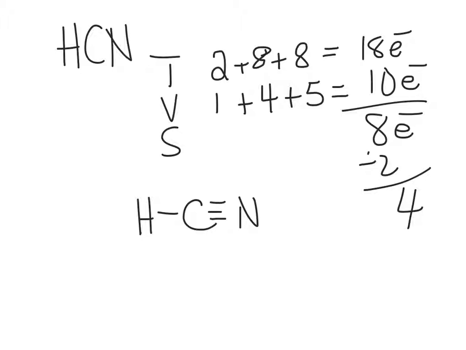That leaves 10 minus 8 is 2 electrons. Carbon's happy, it's got 8. Hydrogen's happy, it's got 2. Nitrogen only has 6. That's where our 2 electrons go. There's your Lewis structure. So there are advantages to using the TVS method as long as it is applicable.